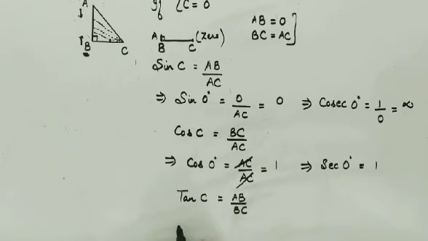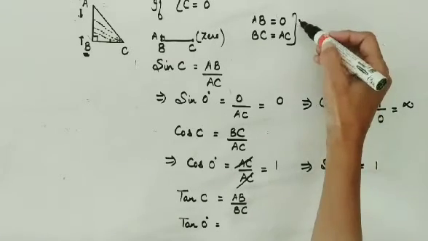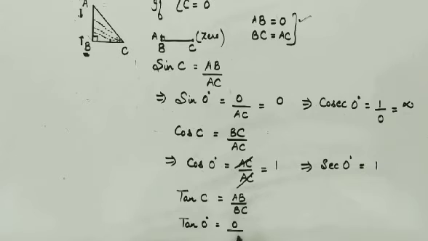Tan C means tan 0 degree. AB has become 0 upon anything. So tan 0 is also 0. If tan 0 is 0, what would be cot 0? Reciprocal of 0. 1 by 0 would be not defined or infinity.